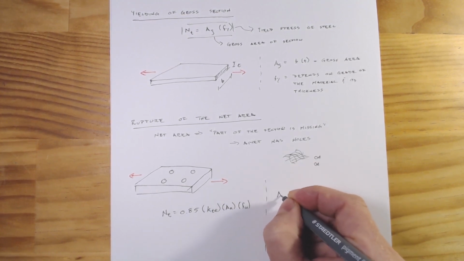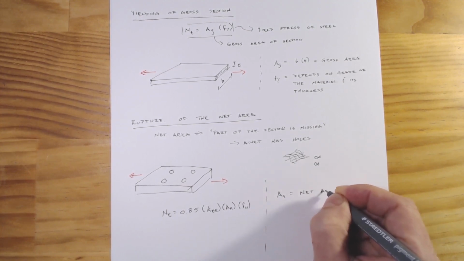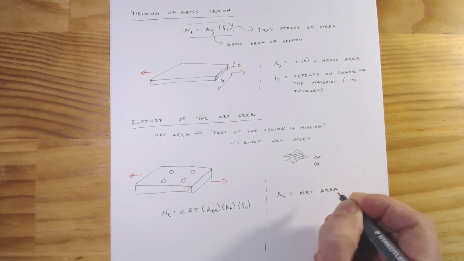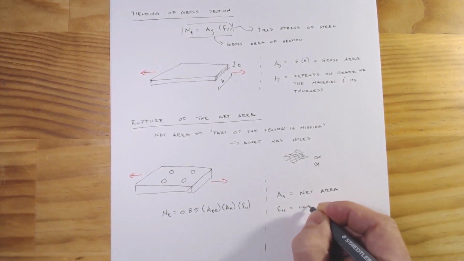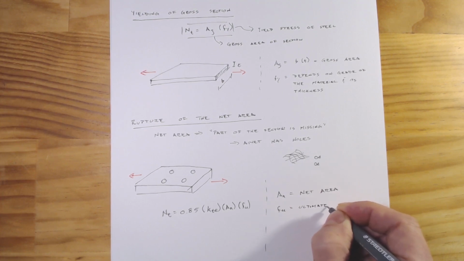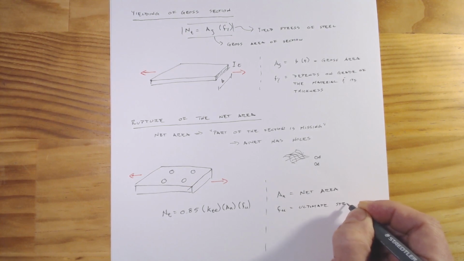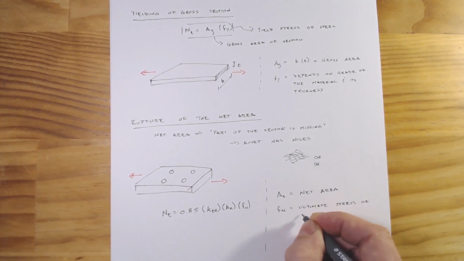So A_n is just simply the net area. F_u is the ultimate stress of the steel.